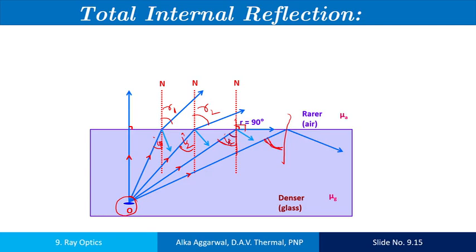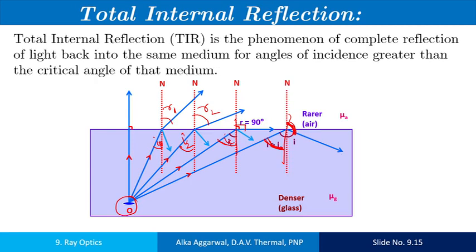For this angle of incidence, the ray is reflected back in the same medium. This phenomenon, in which the ray is reflected back within the same medium for an angle of incidence greater than the critical angle, is called total internal reflection.